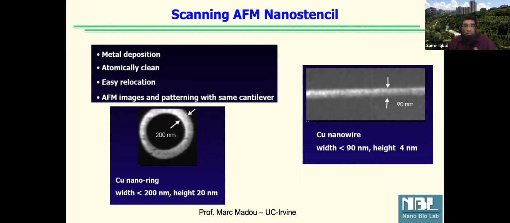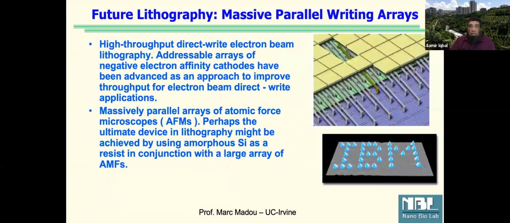Here's an example of a copper nano ring, where they made a ring with just 200 nanometer line width. There is an example of a copper nanowire with just 4 nanometer height. This is again made with scanning probe lithography.